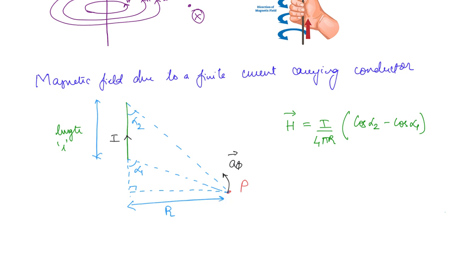So it is going to be minus A phi bar in that sense, okay. So here you can write the direction is A phi bar or minus A phi bar depending on the direction of current. So this direction of magnetic field you have to find out from the right hand rule.